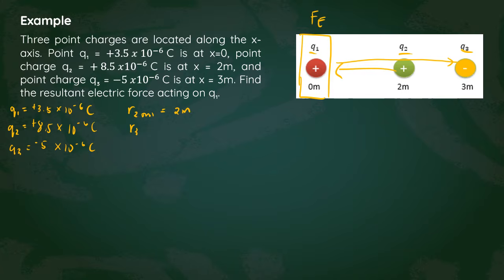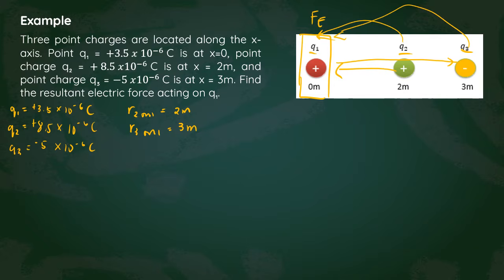And r3 on 1 is 3 meters. First, we need to solve for the individual electric forces exerted by Q2 on Q1 and Q3 on Q1. So we need to solve for two forces first.